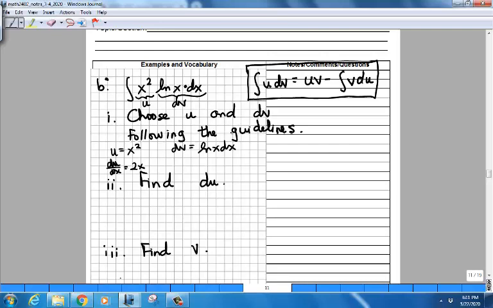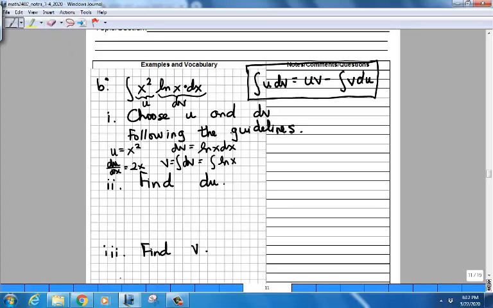But here's the issue, right? We need to be able to integrate dv, because when you integrate dv, that's how you find v. But to integrate dv, that means we have to be able to integrate natural log of x dx.